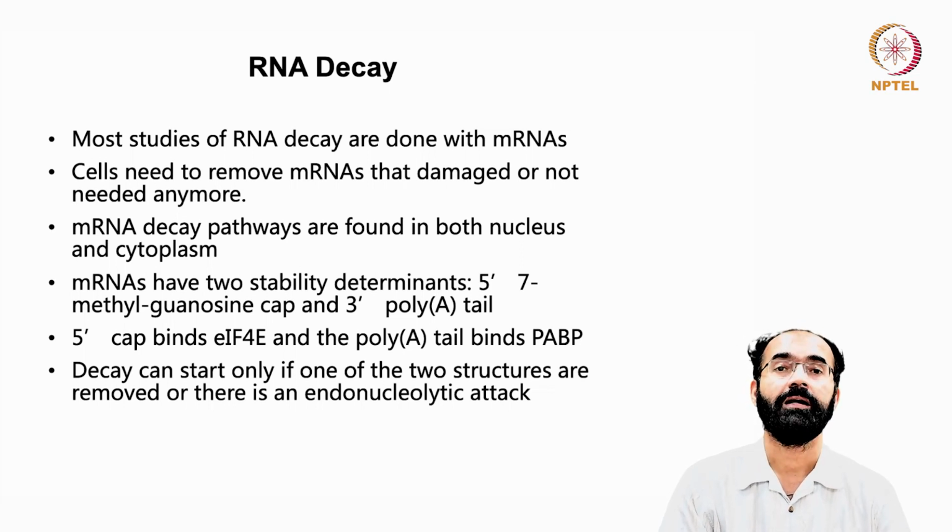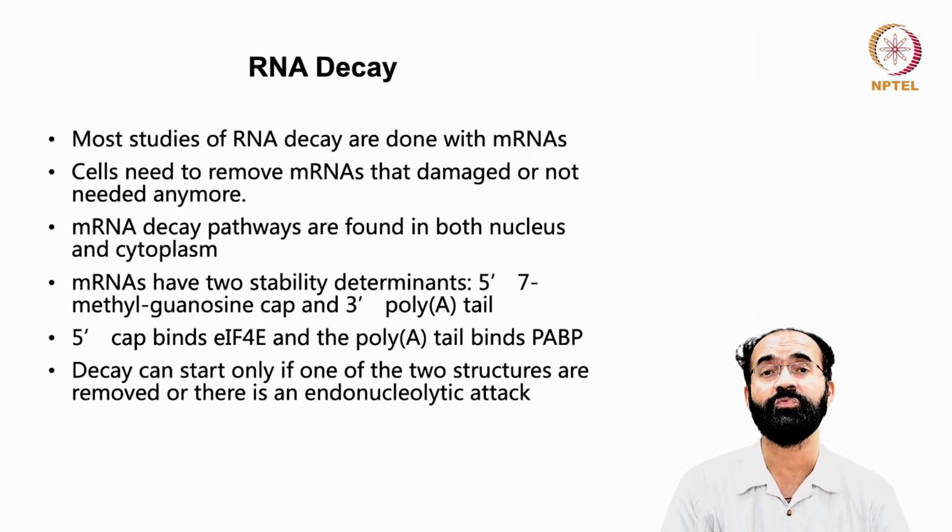That can be utilized by exonucleases and cause degradation. So it has to fight against endonucleolytic cleavage by enzymes also. We will see more in detail about the RNA decay pathway in the next class. Thank you.